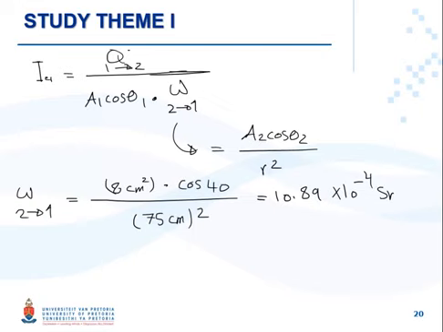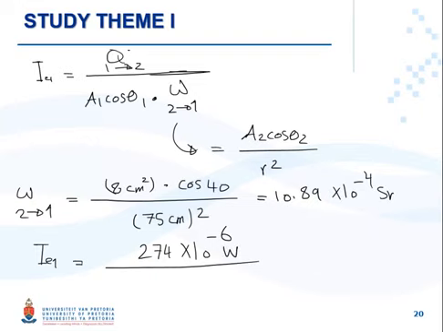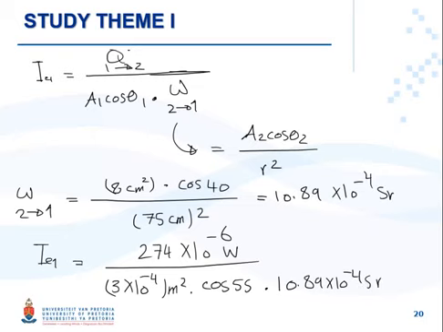This will be 10.89 times 10 to the power of minus 4 steradian. And I1 will be equal to 274 times 10 to the minus 6 watt divided by A1, 3 times 10 to the power of minus 4 m2, times cosine 55, multiplied by 10.89 times 10 to the power of minus 4 steradian.